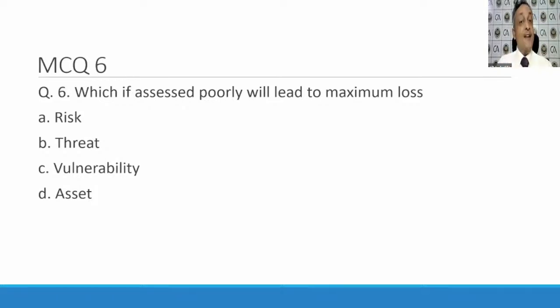So if I have not identified the asset, I'll not be doing vulnerability assessment. And believe me, if you don't call something an asset, you don't do vulnerability assessment, everything is gone, because with no vulnerability assessment, there are no mitigating factors like controls, no threat identification, no risk assessment, and no impact calculation. Everything is gone. That is what you need to learn about.